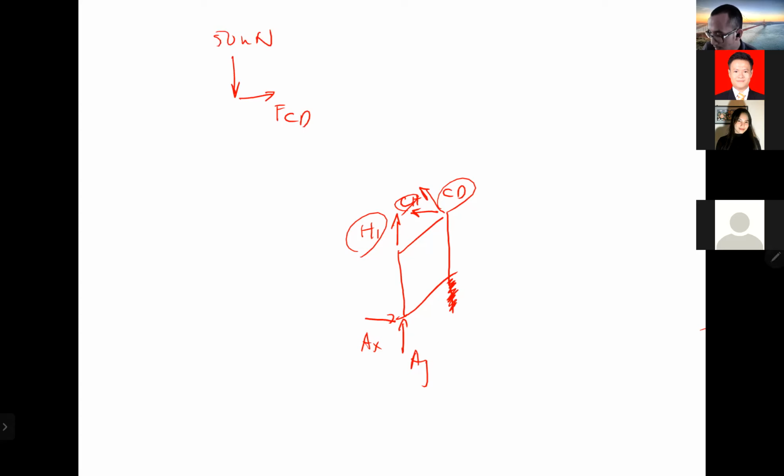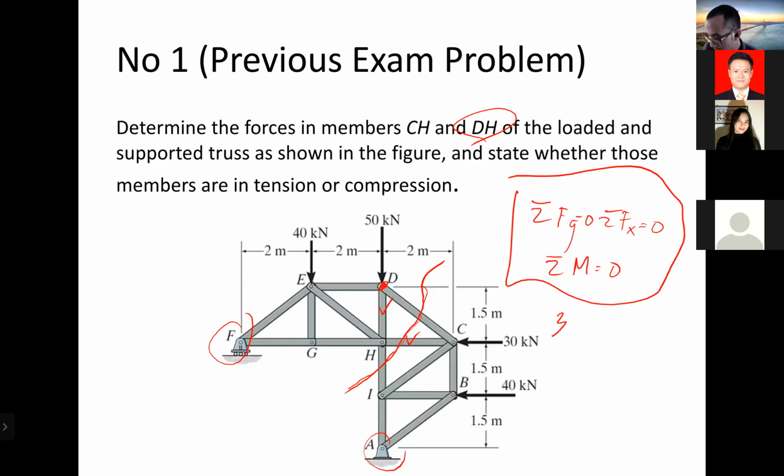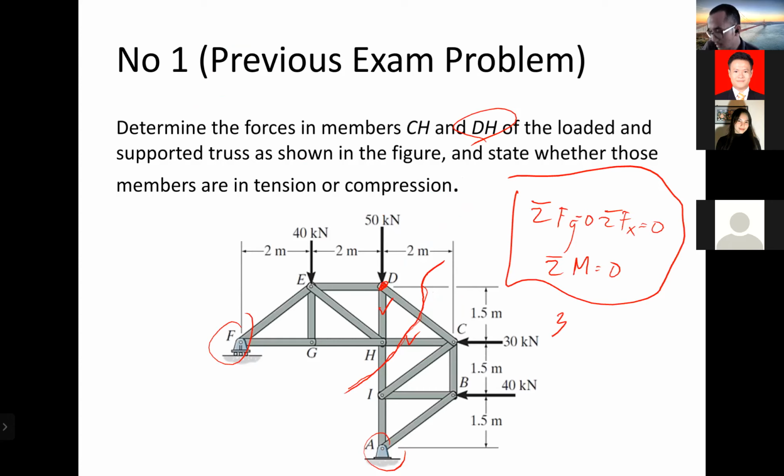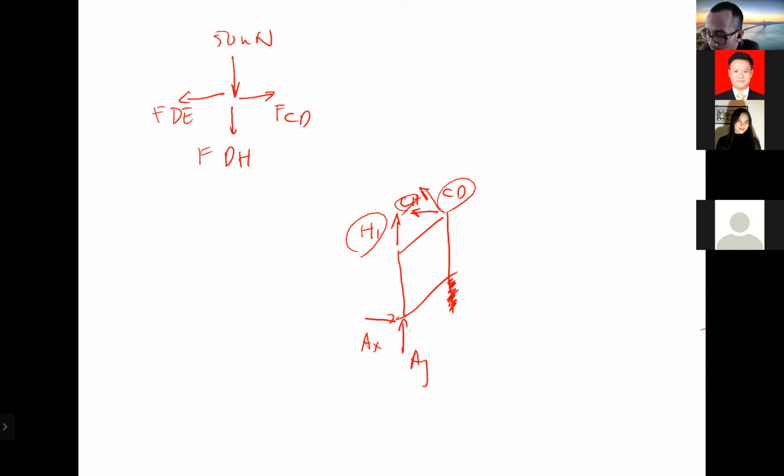DH and DE, DH is the one in question, right? Yes. FCD is known already. So then you are left with two unknowns, right?